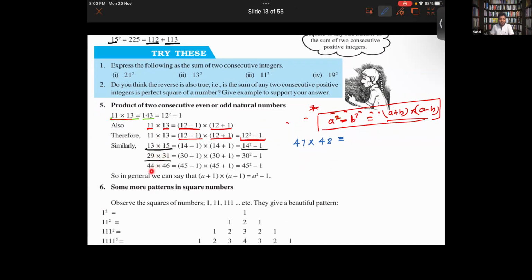But here you have an example of consecutive even numbers. 44 and 46 are two consecutive even numbers. So they can also be represented in the same manner. Like मैं 44 को लिख सकता हूँ कि 45 minus 1. I can write 46 as 45 plus 1. Right. So for the even numbers also, the same rule is being applied here. Is that clear? Yes, sir. Okay.